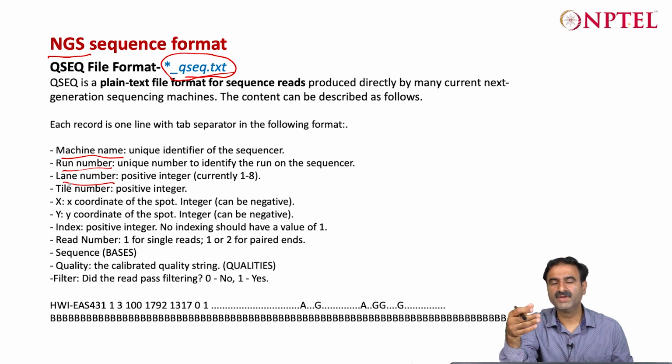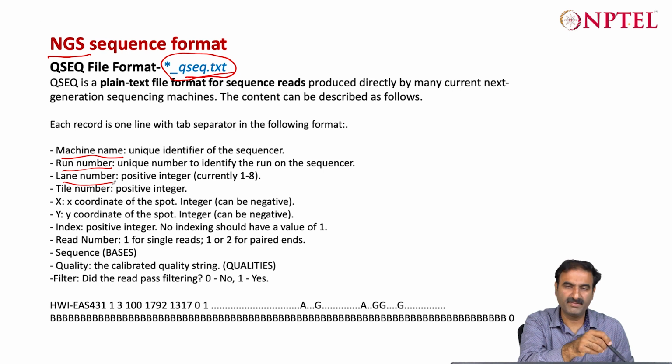Each time you are sequencing, it is called one run. So the machine is recording how many runs have happened so far in that machine.